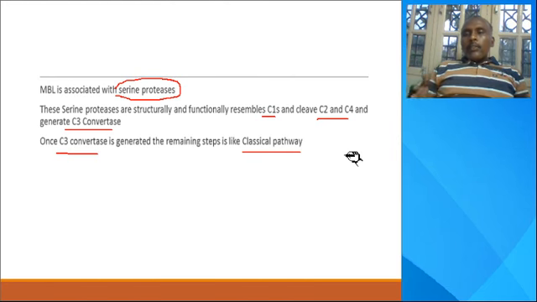This difference leads to the identification of that antigen by the C3b molecule. But in the lectin pathway, the mannose sugar on the surface of the antigen is identified by the lectins. These are mainly different. I hope you understand.